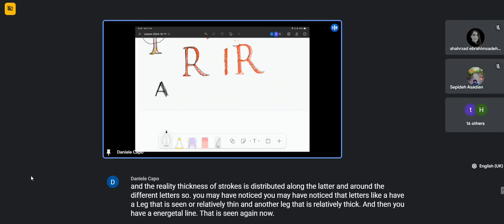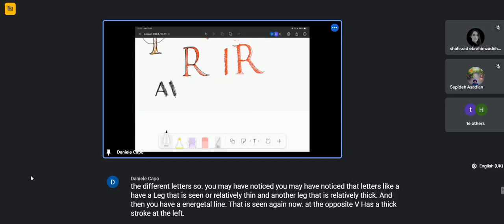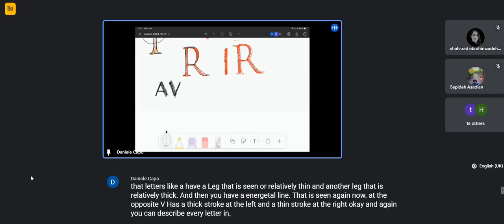Now, on the opposite, V has a thick stroke at the left and a thin stroke at the right. Okay, and again, you can describe every letter in this way.